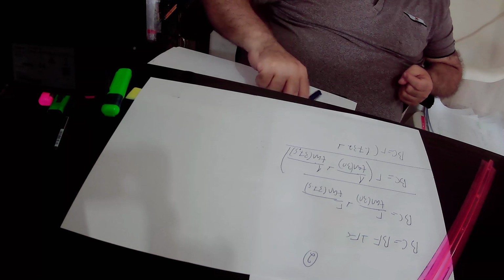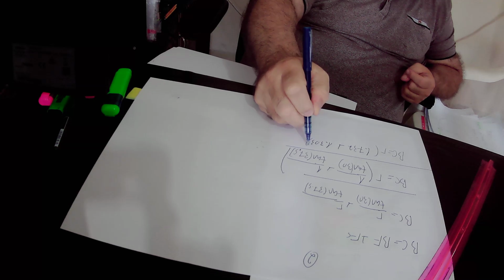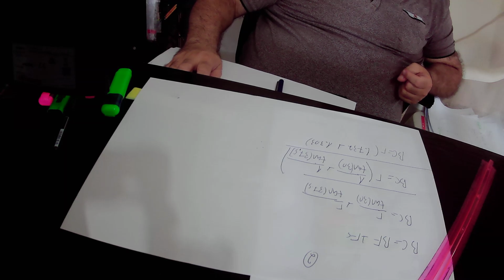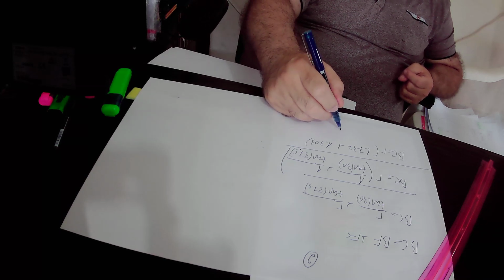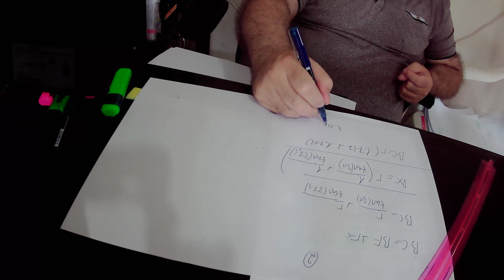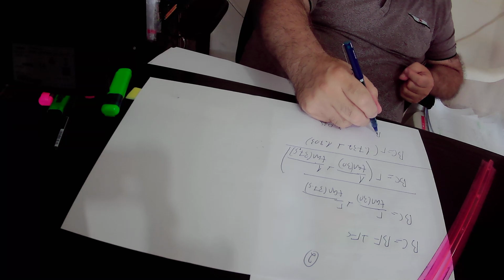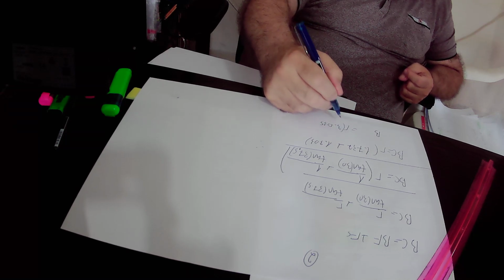This expression equals 1.303 units, and here the sum of those two expressions is actually 3.035 units. So BC equals R times 3.035 units.